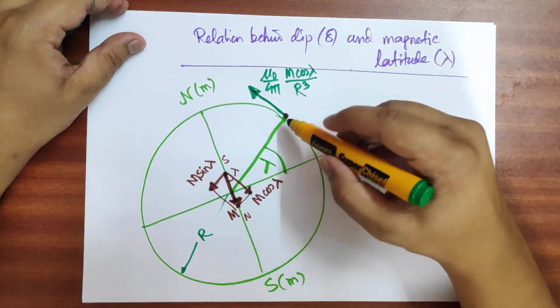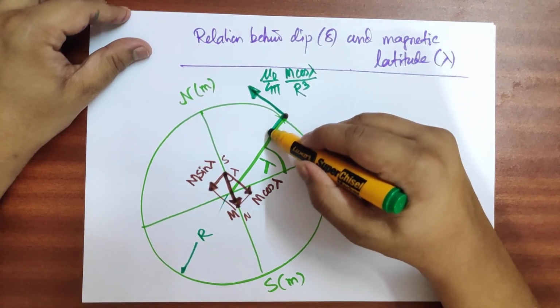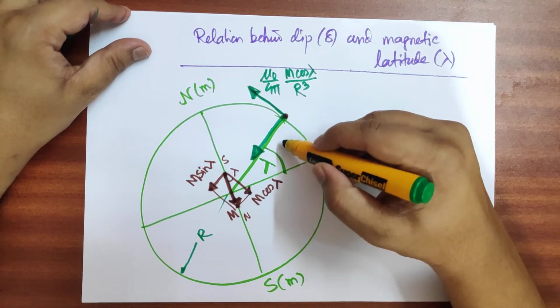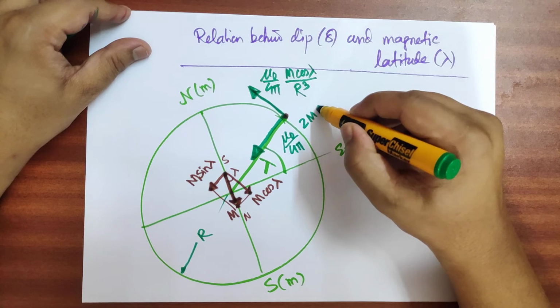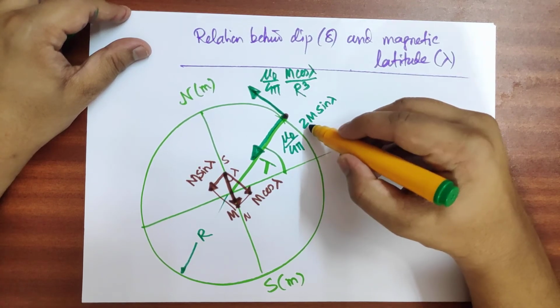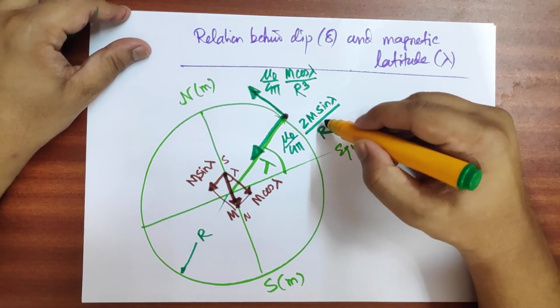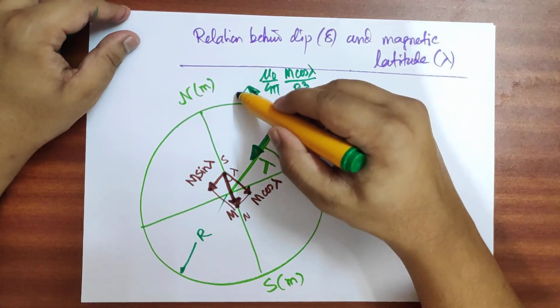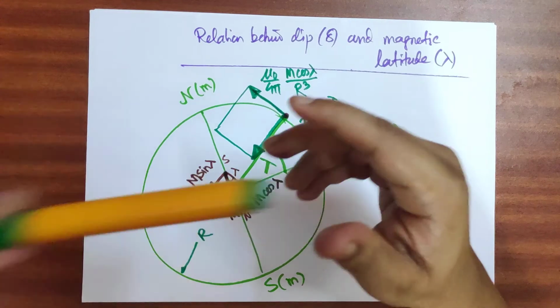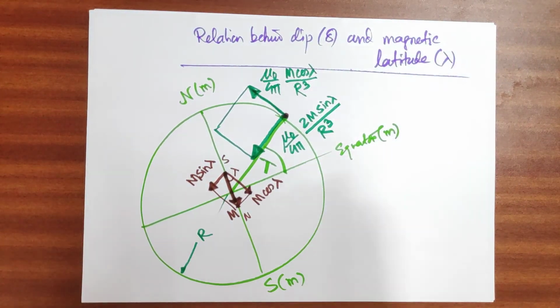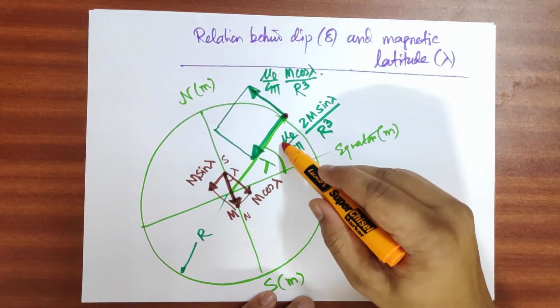Now due to the same sine delta, this is the end-on position, and this is mu 0 by 4 pi 2M sine delta divided by r cube. So as you see, this is the horizontal component of the Earth's magnetic field, and this is vertical.